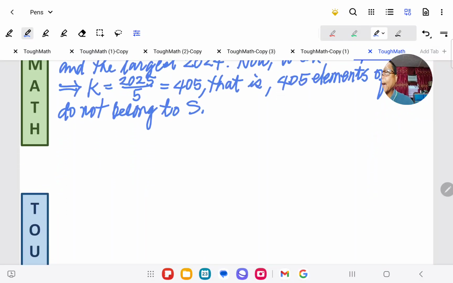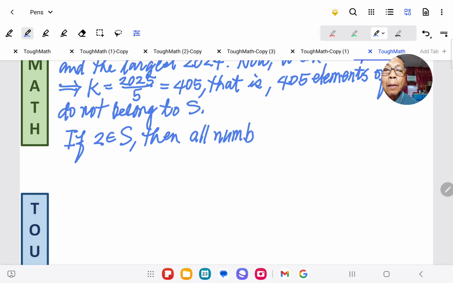Next, if the number 2 belongs to S, then all numbers of the form x equals 5k minus 2 do not belong to S. Again, for the same reason that if x belongs to S, then their sum would be divisible by 5, thereby contradicting the assumption of the problem.